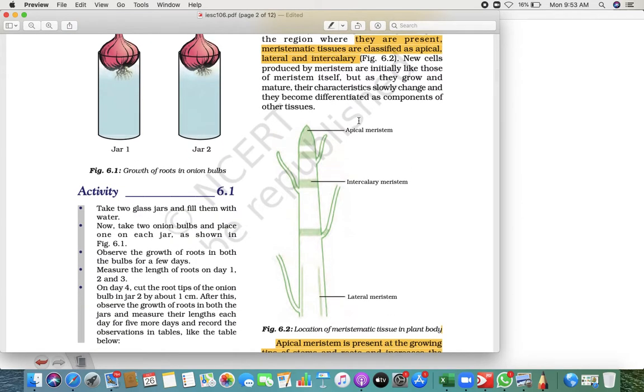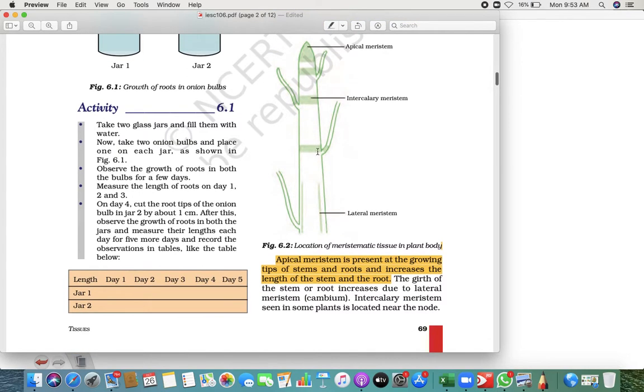For example, see, where is the apical meristem present? Apical meristem is present at the growing tip of the stem and root. So roots and stem get developed because of which tissue? Meristematic tissue, the apical meristem, right? Girth means the stem is getting bigger in size. The girth of the stem or root increases, right?